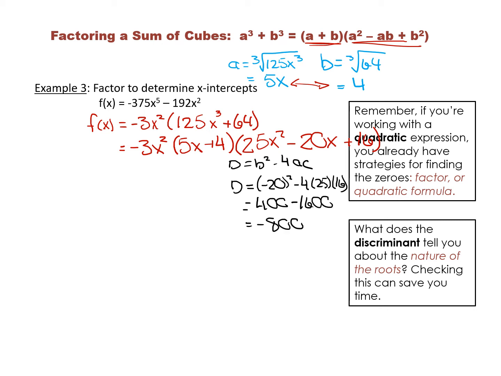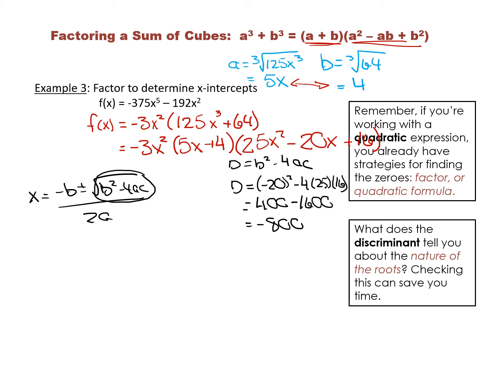So what does this tell us if we have a negative discriminant? Remember, the discriminant comes from the quadratic formula, from this part right here, b squared minus 4ac. So I could have done the whole quadratic formula, but just doing this alone lets me see that the discriminant is going to be negative.